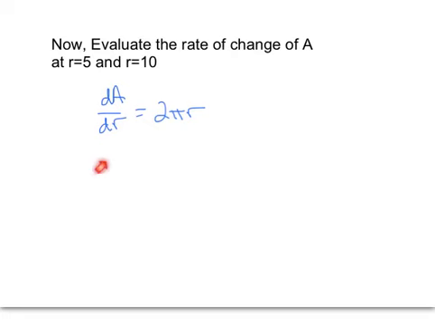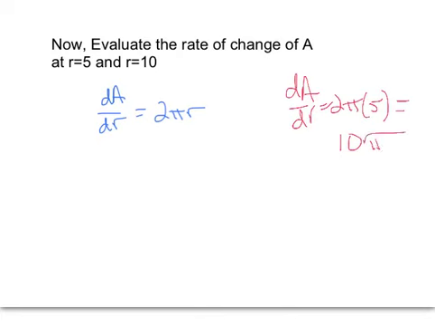All right, let's move on. On the previous slide, we figured out that the area was changing with respect to radius at a rate of 2 pi times the radius. So now we could figure out how fast the area was changing the moment the radius was at 5. dA/dr equals 2 pi times 5, which is 10 pi, or about 31 units here.